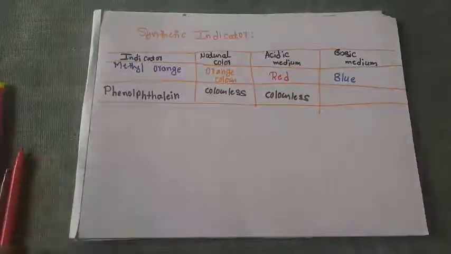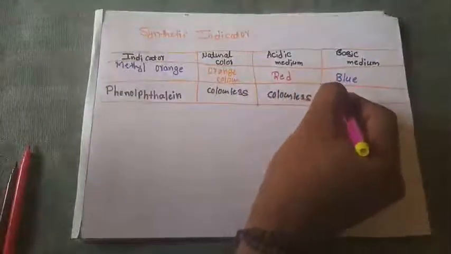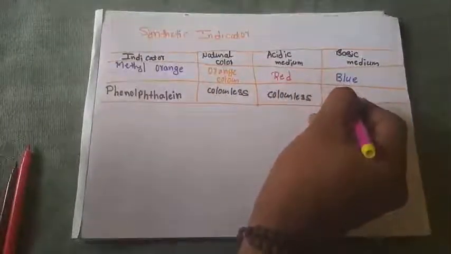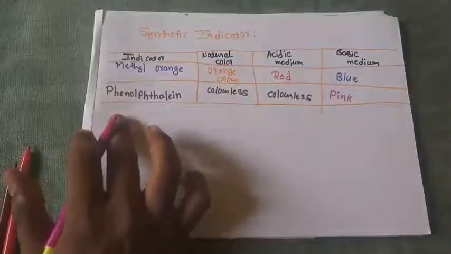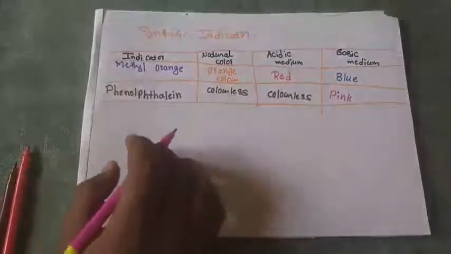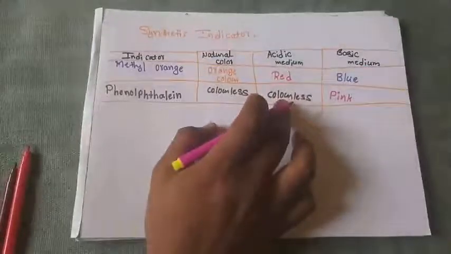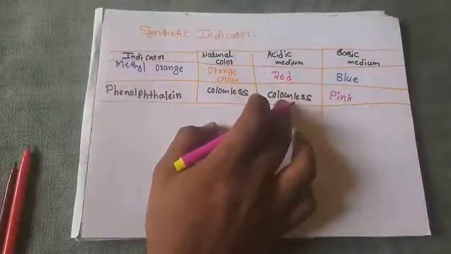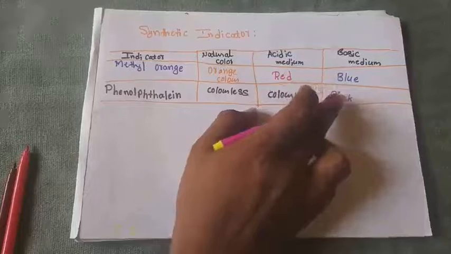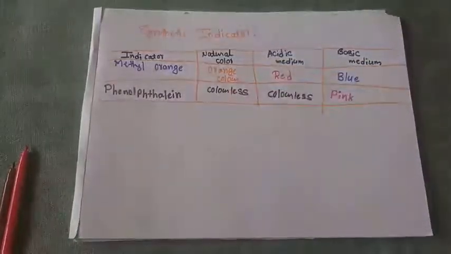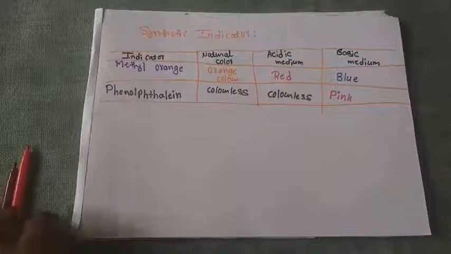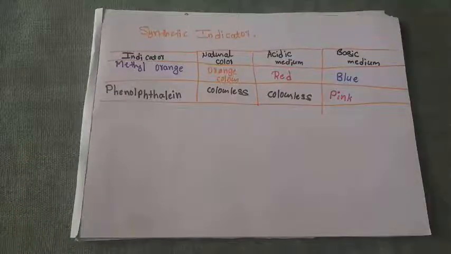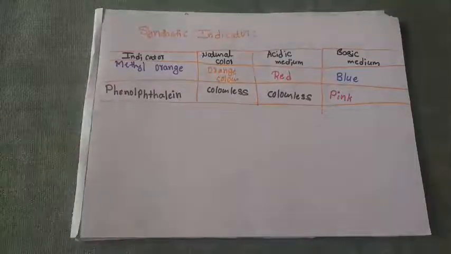In basic medium it turns pink. Phenolphthalein is initially colorless, in acidic medium it stays colorless, but when added to base, it gives a pink color. Now observe how to check acid or base by using methyl orange and phenolphthalein.